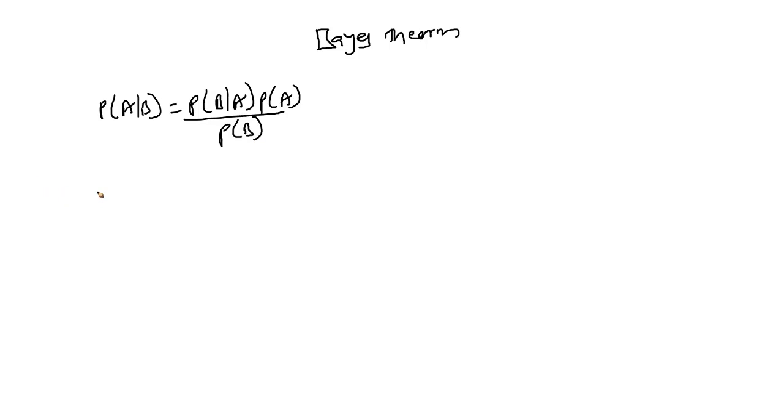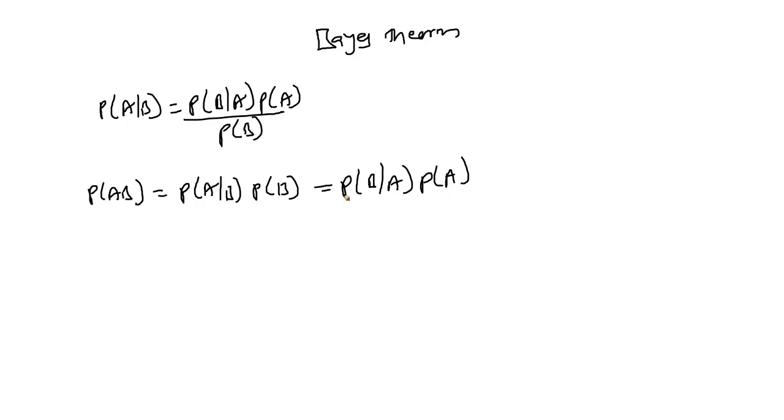And you also have a chain rule: probability of A and B is equal to probability of A given B times probability of B, which is equal to probability of B given A times probability of A. So this intersection of A and B can be expressed in this form, and you can simply see that if you put it in the denominator, you can derive Bayes' theorem. This rule is known as the chain rule.